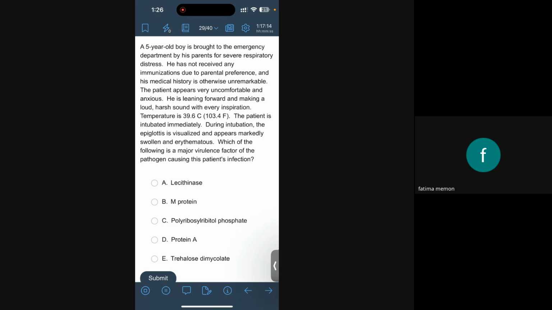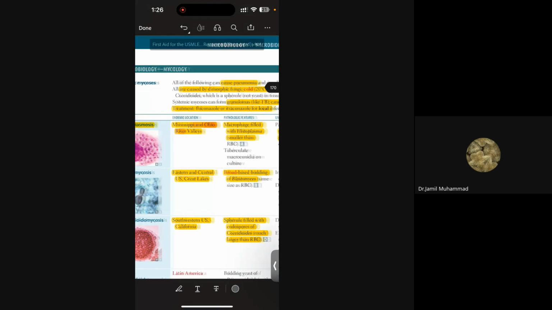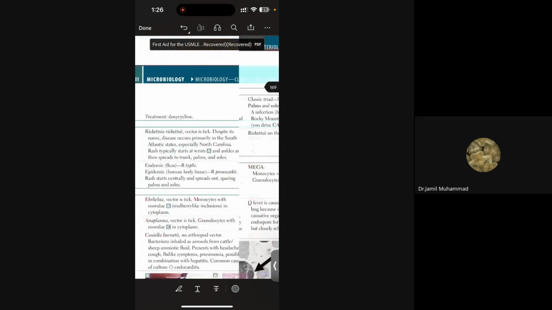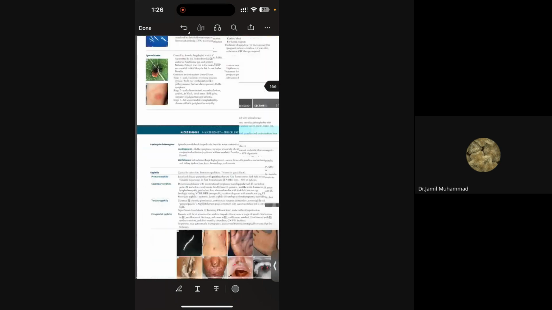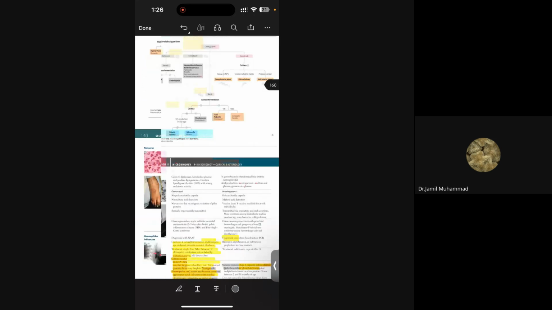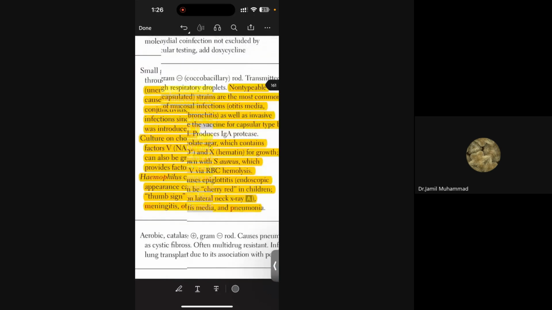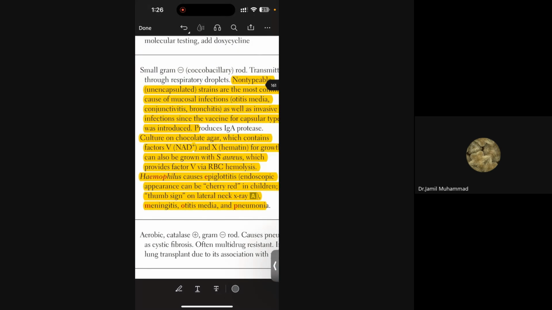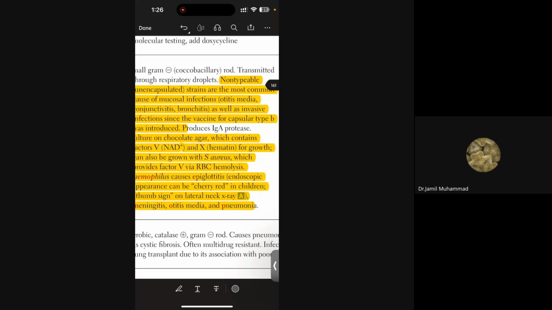M protein is involved in which? Group A strep. Trehalose is involved in which? In fungal infections. And let's open Haemophilus influenzae. It causes epiglottitis, with a cherry red appearance in children.